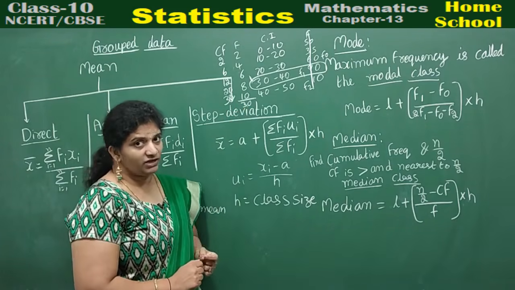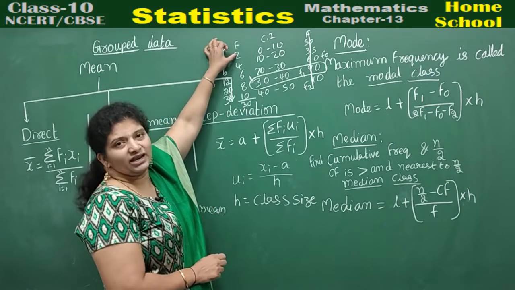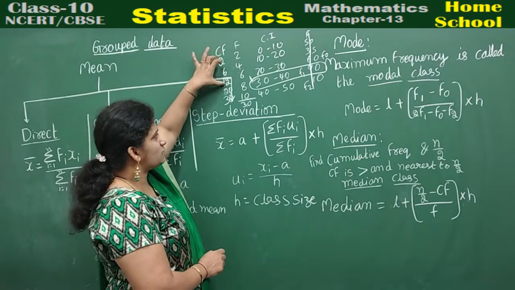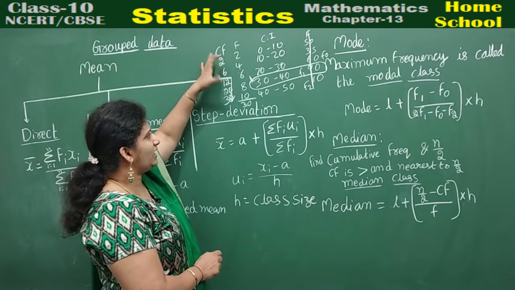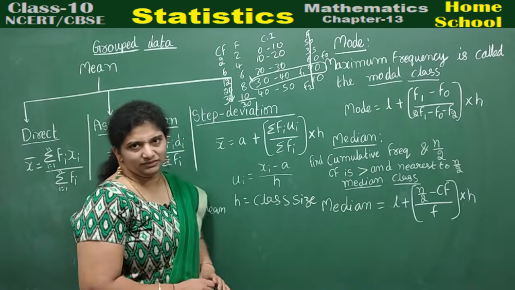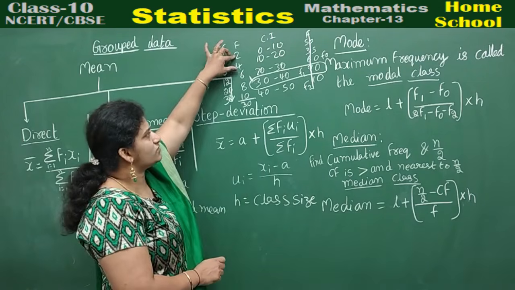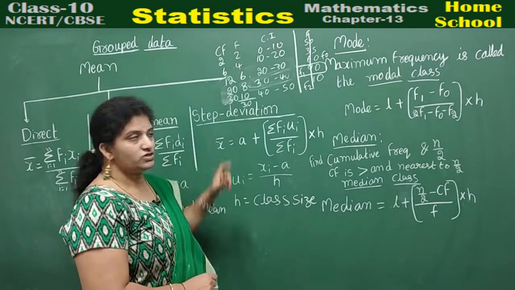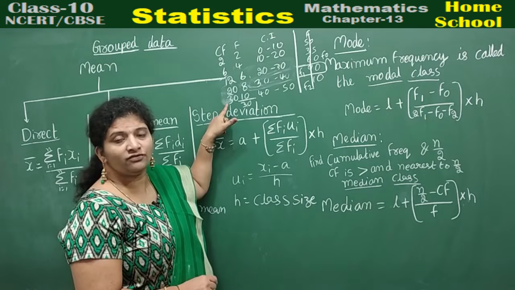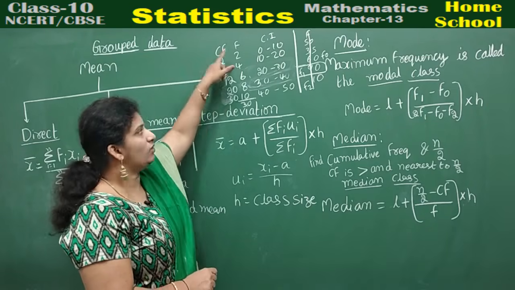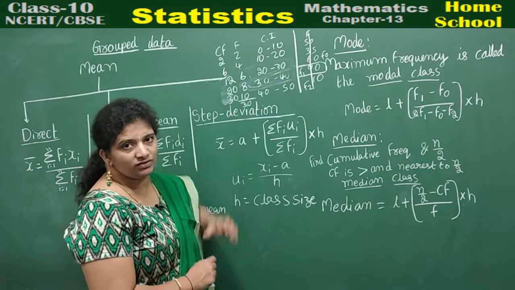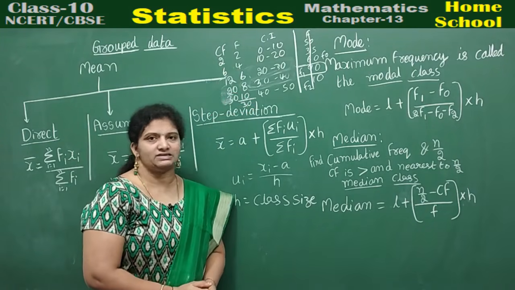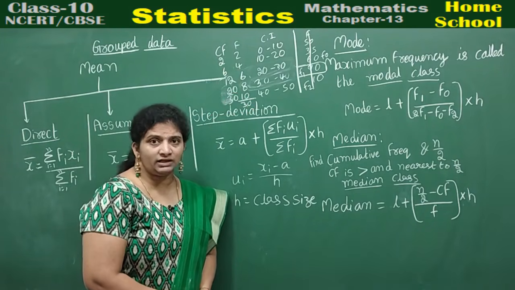Once again, what is cumulative frequency? Go on adding the frequencies: 2, 2 plus 4, 6, 6 plus 6, 12, 12 plus 8, 20, 20 plus 10, 30. So you can observe that the last cumulative frequency value is nothing but the sum of the frequencies. Now we need to find the median class. How can we find the median class?